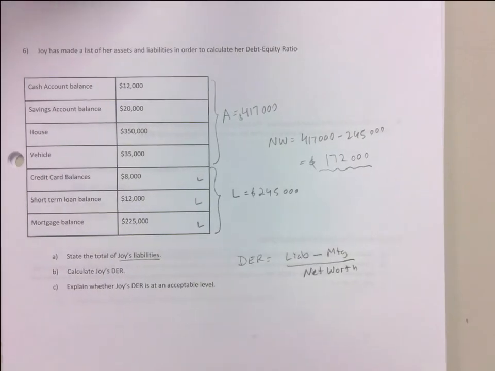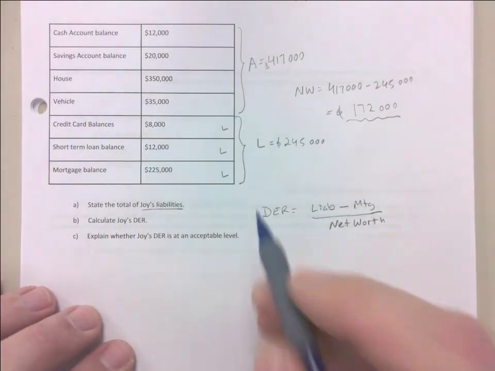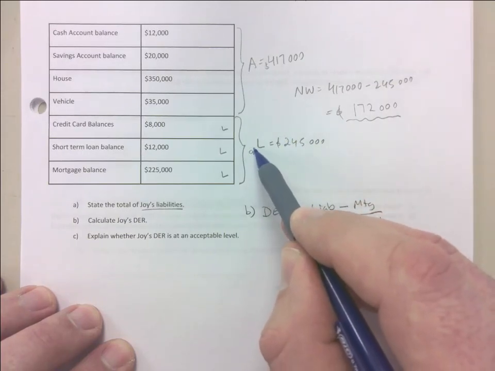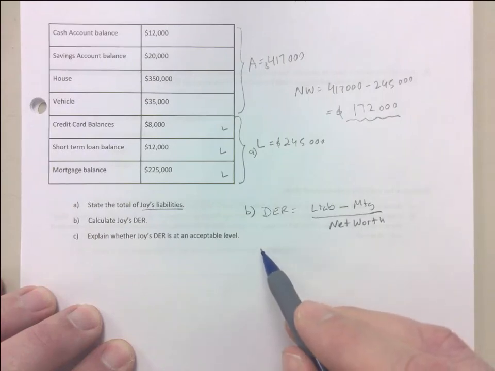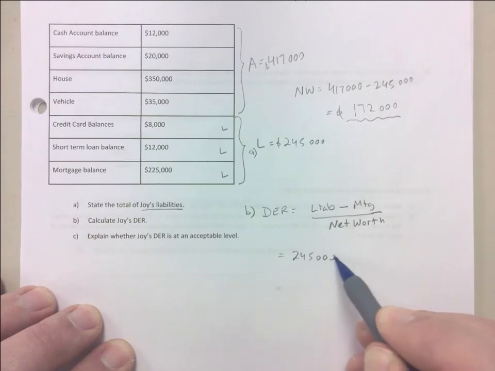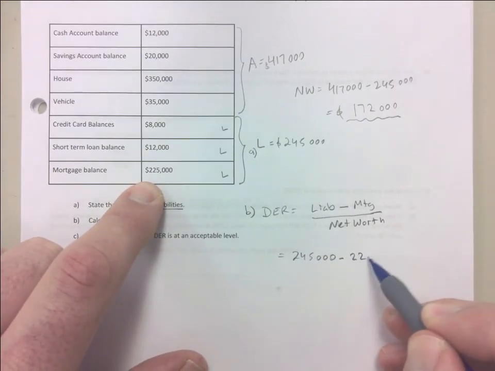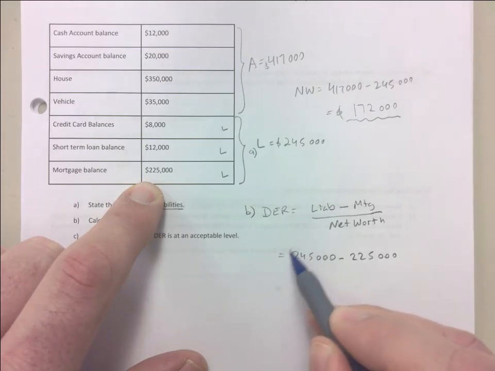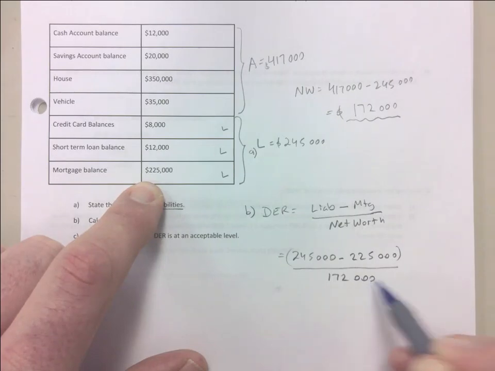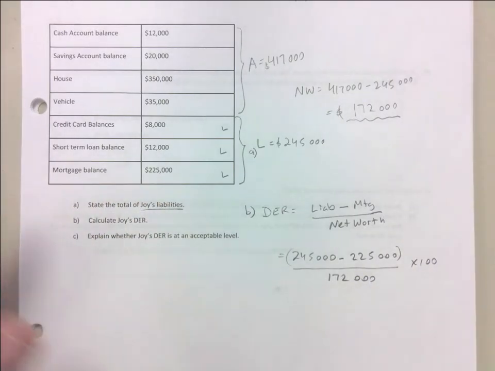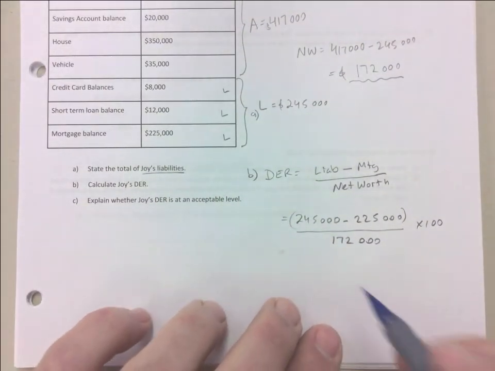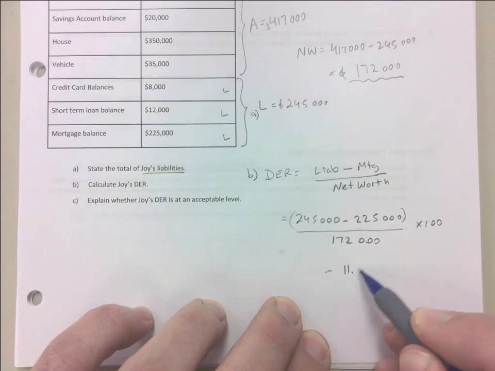So now I can do my math here for B. This is B. This is A. Basically, liabilities are 245. So I'm going to go liabilities 245 minus the mortgage. And then you divide that by your net worth, multiply your answer by 100. If you do that correctly, my key says 11.63%.